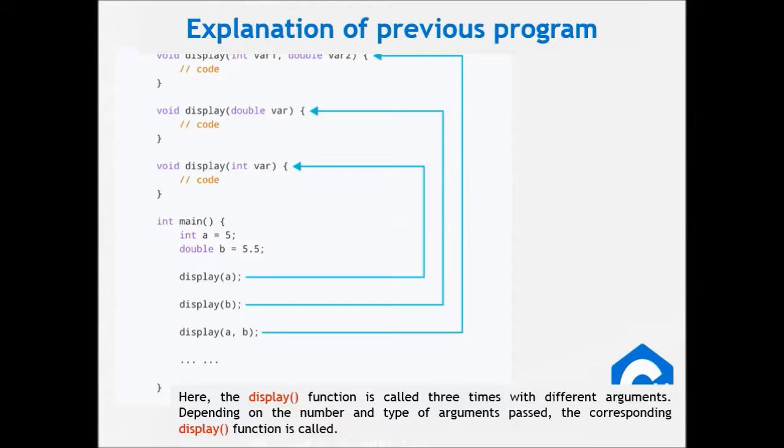So here the display function is called 3 times with different arguments. Depending on the number and type of arguments passed, the corresponding display function is called.